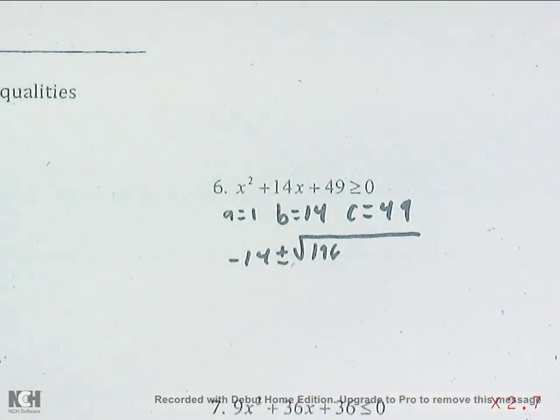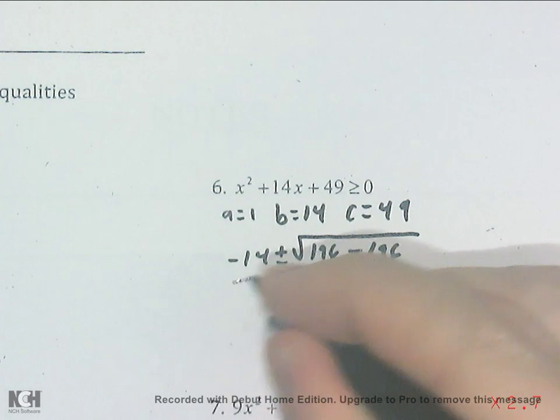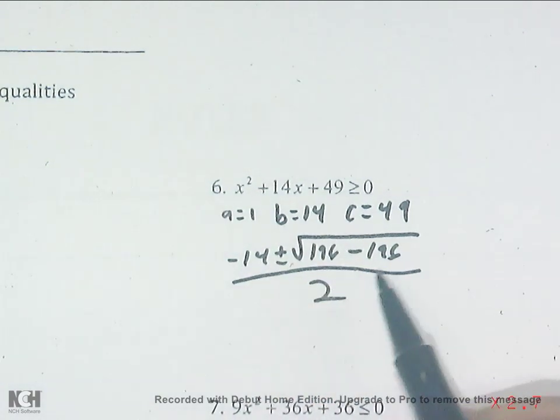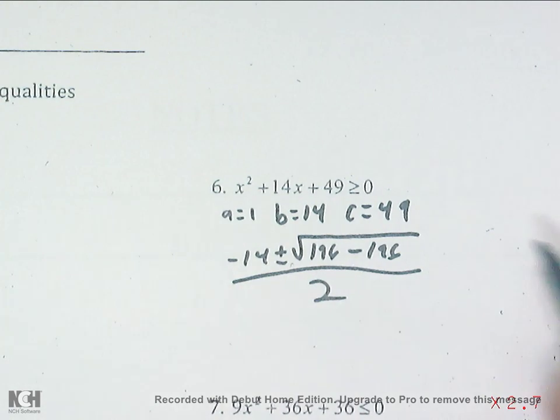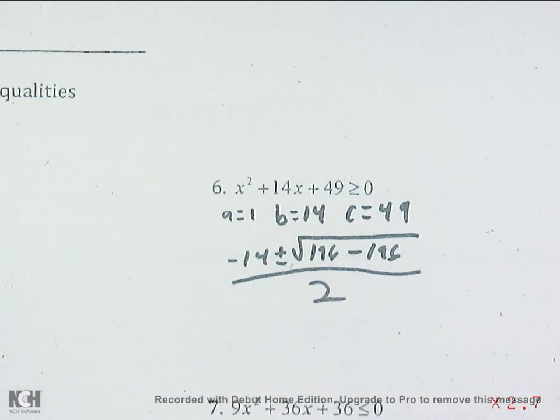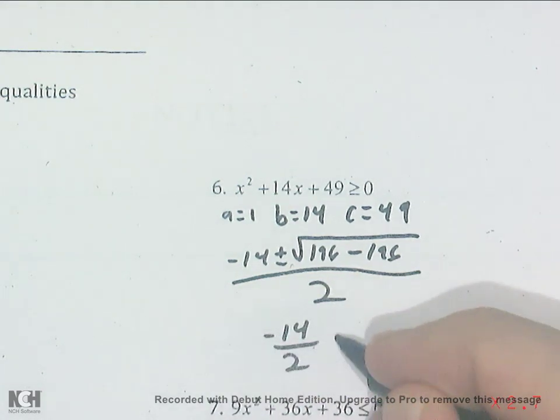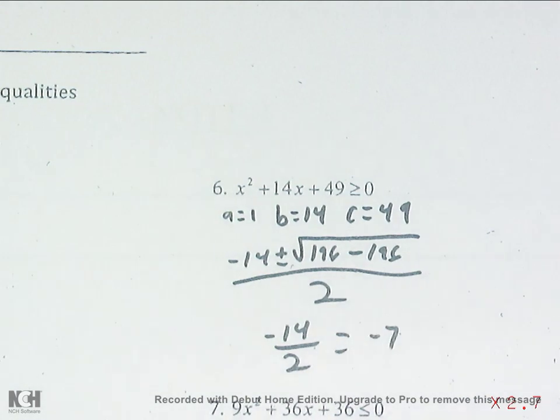So 4 times 49 is 196. All over 2. Well, 196 minus 196 is 0, right? Square root of 0 is 0, so all of this stuff goes away. And I'm just going to be left with everything outside. So negative 14 over 2, which is equal to negative 7. Okay, so there's only one solution here.